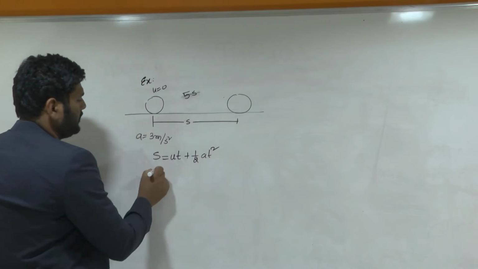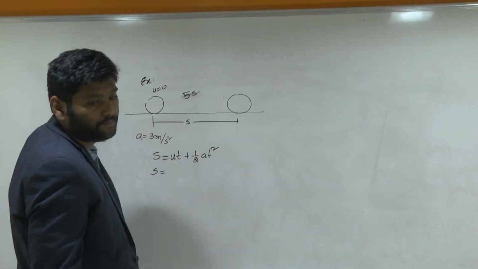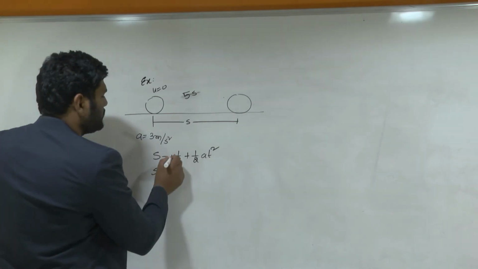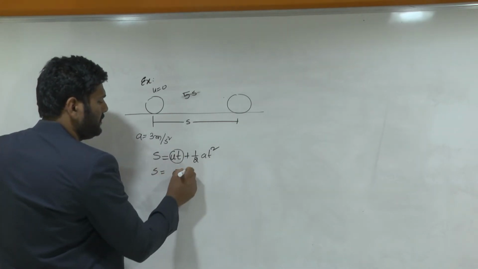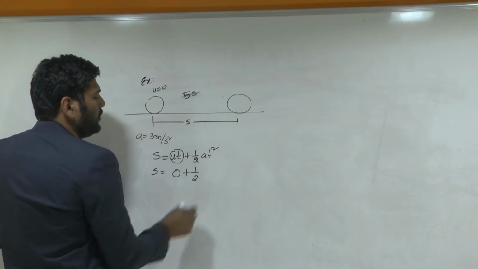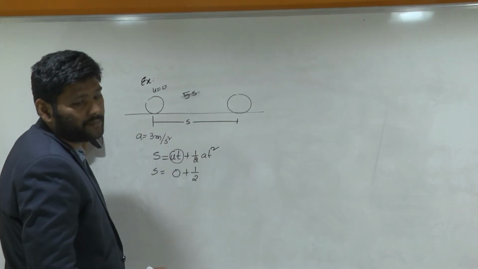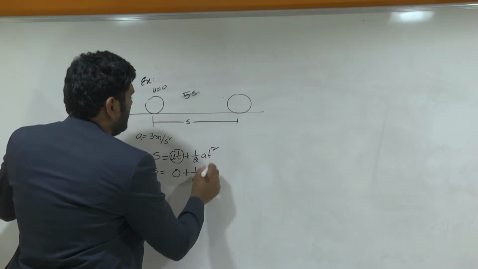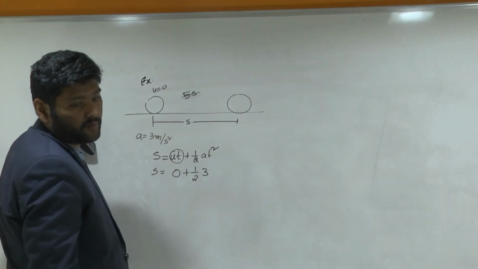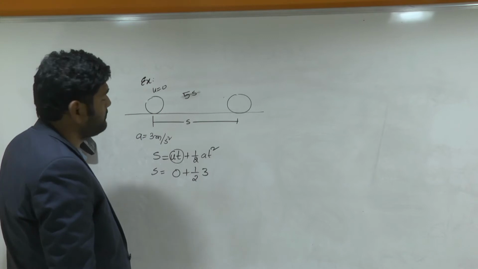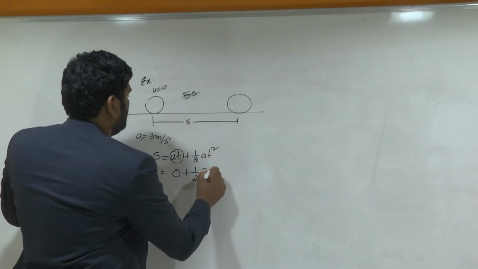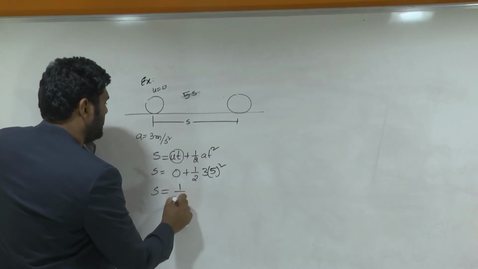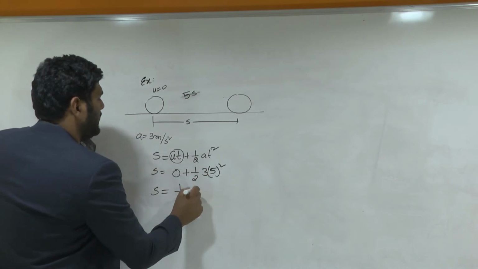Can you tell me what is the u value here? 0. So this term totally becomes 0. Half. What is the acceleration here? 3. In which time am I asking? 5 seconds. 5 square. So s is equal to half into 3 into 5 square.